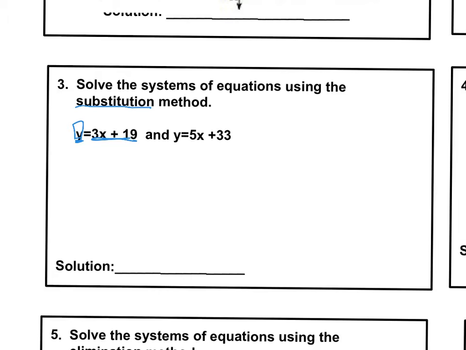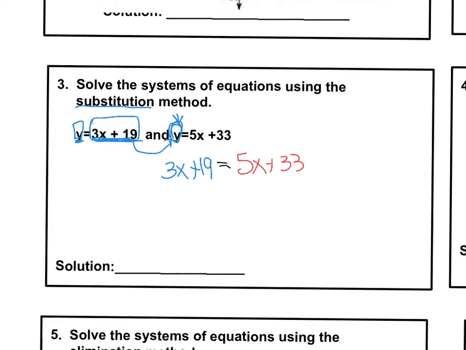In this equation, I'm going to substitute and put this here for this y. So we're going to have 3x plus 19 equals, in the other equation, 5x plus 33. All I did was take this blue y and substitute it over here in the red equation.